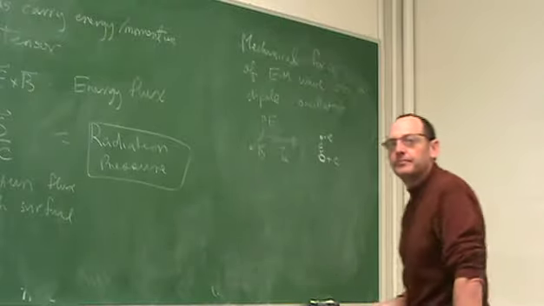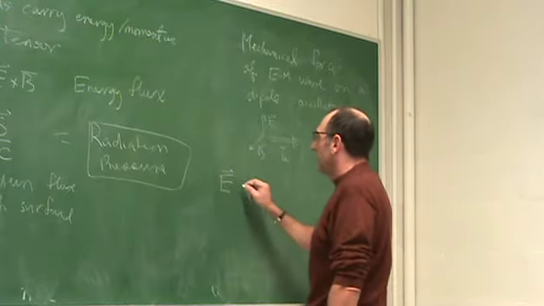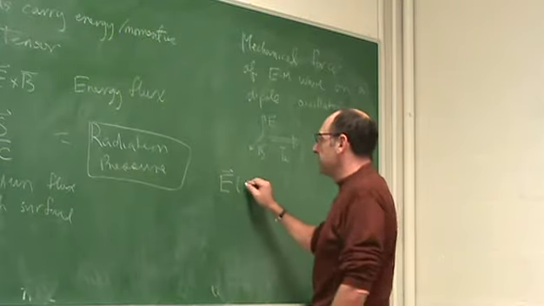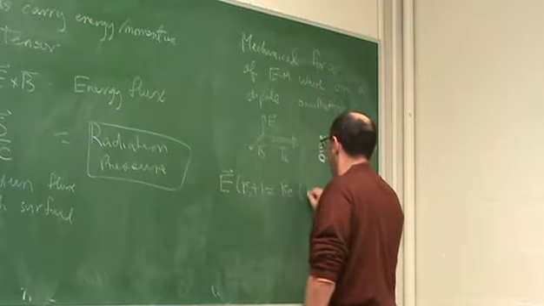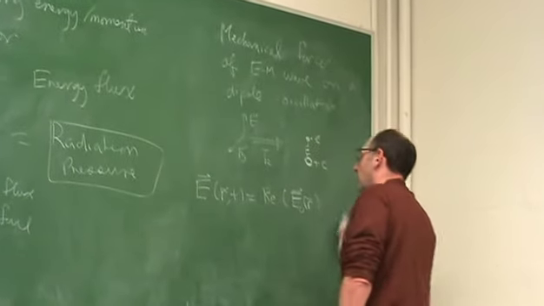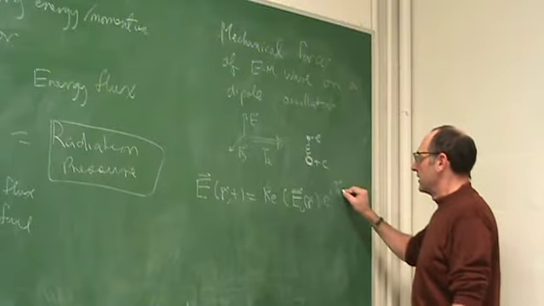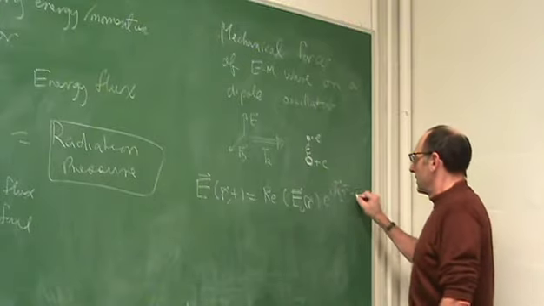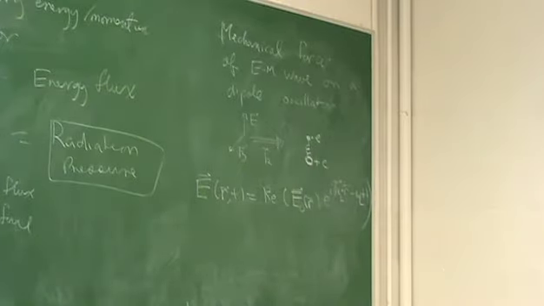It's a finite beam. So my electric field, as a function of position and time, is the real part of some amplitude, which has some slow position dependence, and then I have the phase of the wave as it propagates.